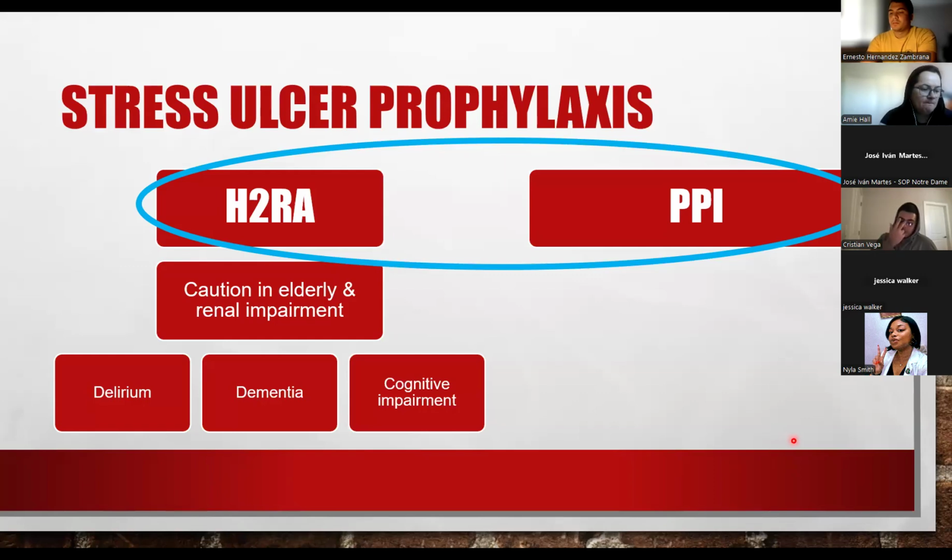Professor? Yes. So if somebody has GERD, with it being a chronic condition, and they're on a PPI just as part of their normal medication regimen, what is the benchmark for when they need to be reassessed or possibly tapered down?